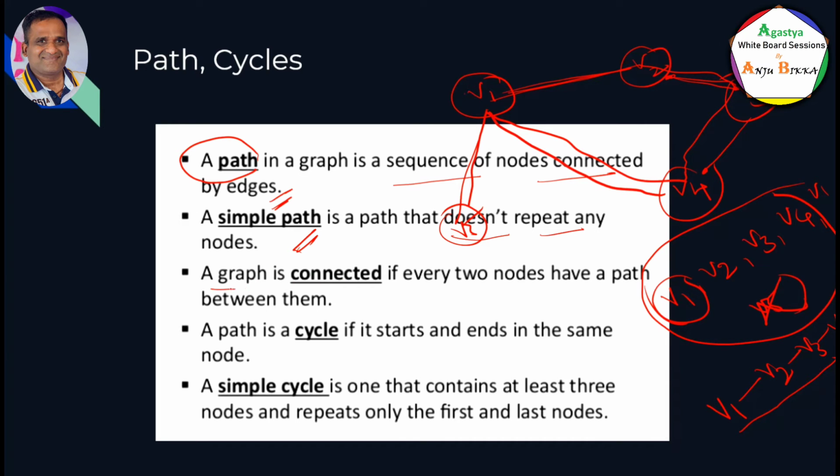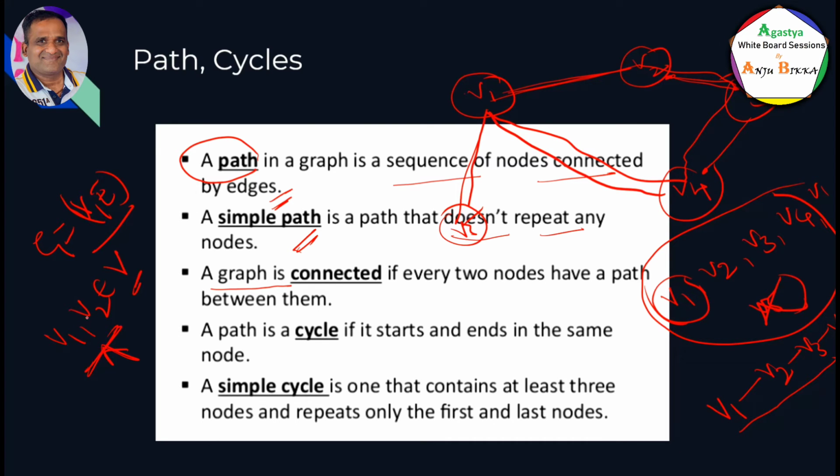Then when we say a graph is connected, now when a graph is denoted by vertices and edges, you take any two nodes, V1, V2 belonging to V. If you take any two nodes, there needs to be a path between those two nodes.